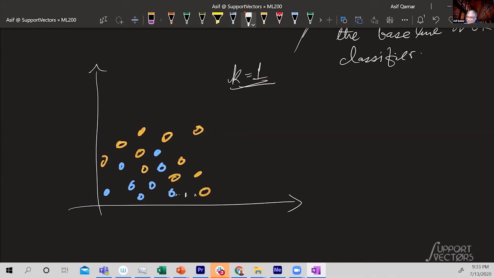Then any point that you take here, between these two, once again, you'll build a decision boundary somewhere close to this triangular space. Somewhere here, the decision boundary will go. Then it will go through here, and then through here. Do you see how we are building the decision boundary?